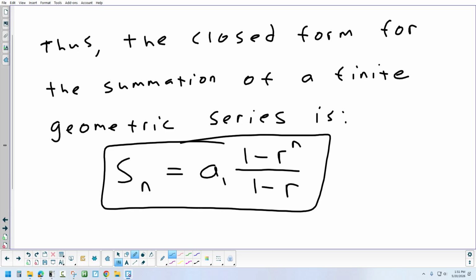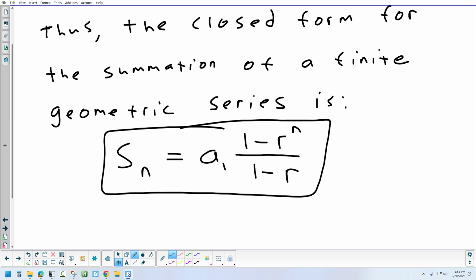So if you want to add up, let's do the one that I just had. What did I have? 2, 6, 18? I could add that up myself really easily. 2 plus 6 is 8, 8 plus 18 is 26. Let's try this formula.